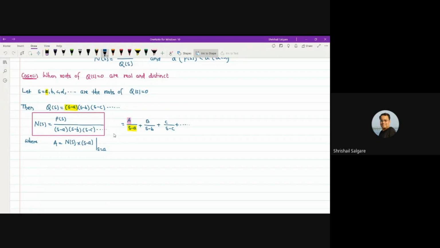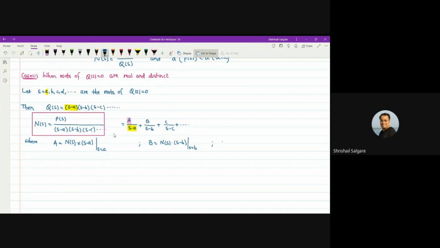In the same manner, suppose you want to calculate the next constant b, so what will be the result? N of s into s minus b, very good, and the value of this function at s equal to b.